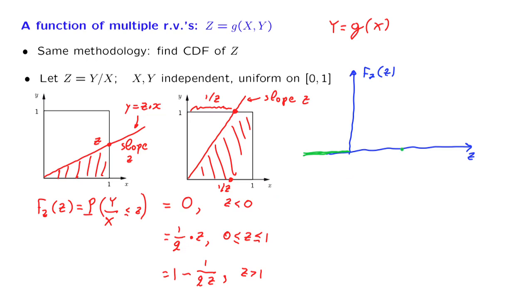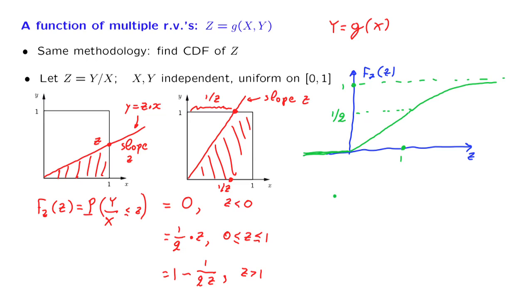For z between 0 and 1, the CDF rises linearly at a slope of 1/2, and so when z is equal to 1, the CDF has risen to a value of 1/2. And then, as z goes to infinity, this term disappears, and the CDF will converge to 1. So it converges to 1 monotonically, but in a non-linear fashion, so we get a picture of this type.